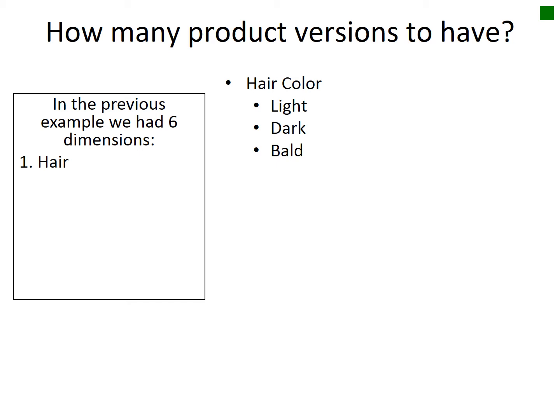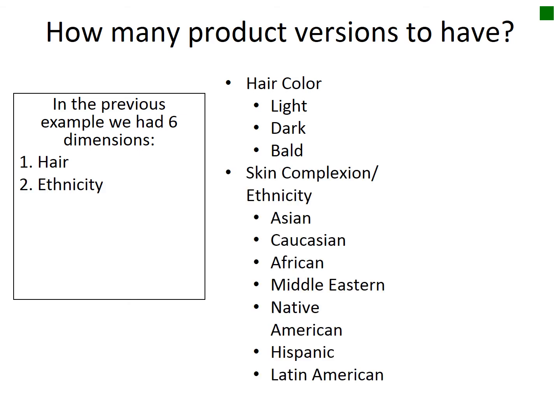Hair color, that's a dimension, and then there are different levels: light, dark, and bald, no hair at all. We have skin complexion or ethnicity: Asian, Caucasian, African, African American, Middle Eastern, Native, and so on and so forth. There are lots of different levels, and that's a second dimension.